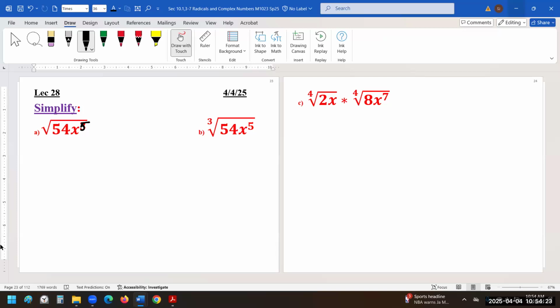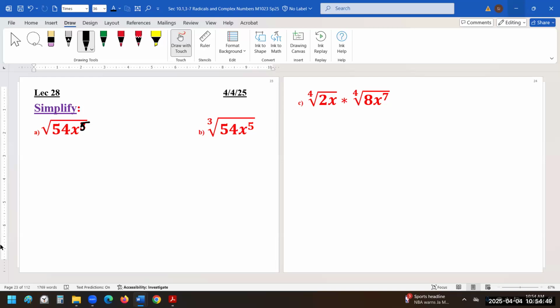The difference between A and B is that A has a square root, but B has a cube root. Based on what type of index you have, what type of radical you have, you look for different things. When you have square root, what do you look for? A number how many times? Twice. And when you work with cube root, you look for a number how many times? 3 times.